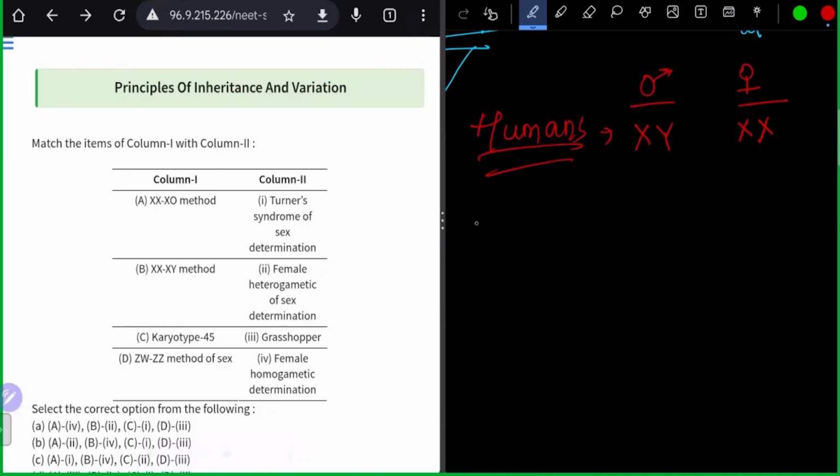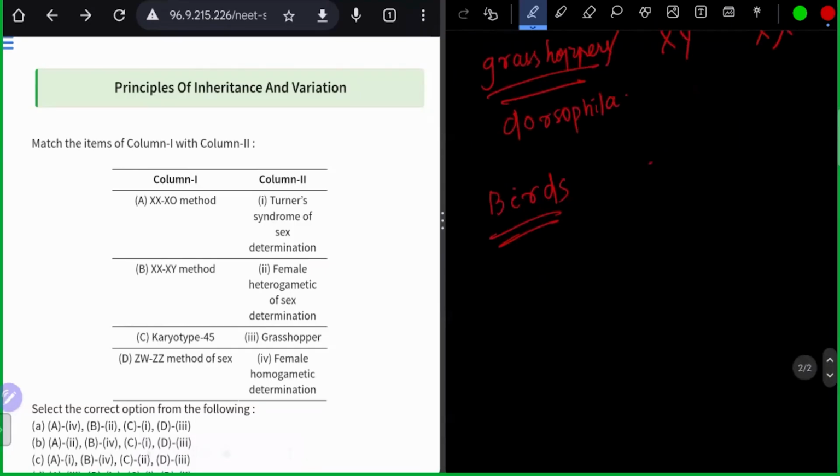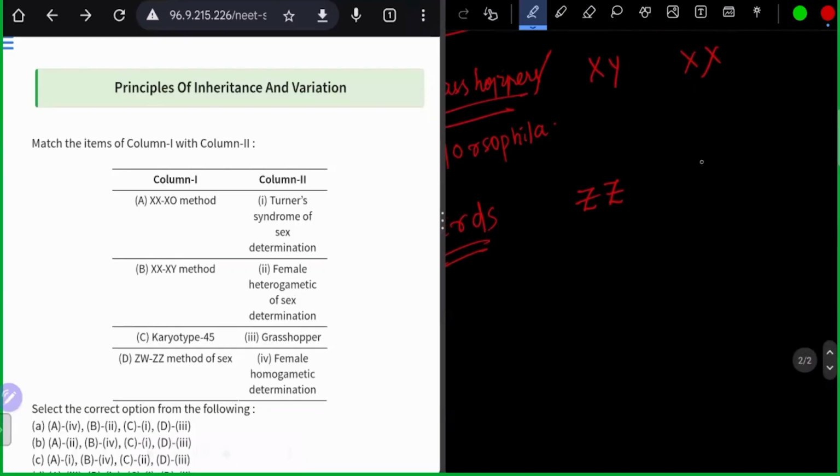So in case of grasshoppers, you can see again male has XY and female has XX. Okay, grasshoppers, or you can also see in Drosophila. In NCERT, you will find Drosophila. But in birds, male has ZZ sex chromosome, and female has ZW sex chromosome.